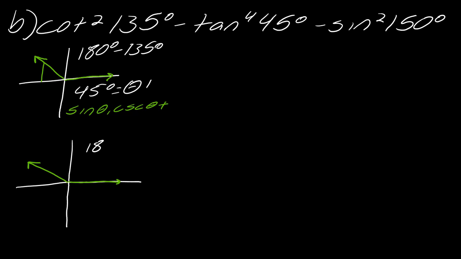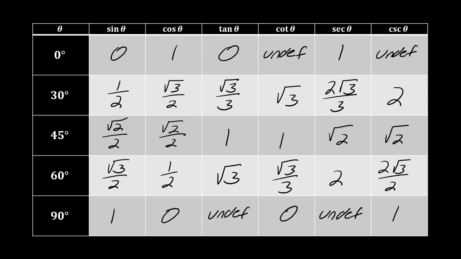So this is going to be 180 degrees minus 150 degrees, so this is 30 degrees. So that's my theta, and in this case I know that sine of theta and cosecant of theta are positive, so I don't need to note that again, but I've got my reference angle now. And just to point this out one more time, there's the chart if you need it. So like I said, I highly recommend you start making some note cards. You've got to know these like the back of your hand in a trig class.